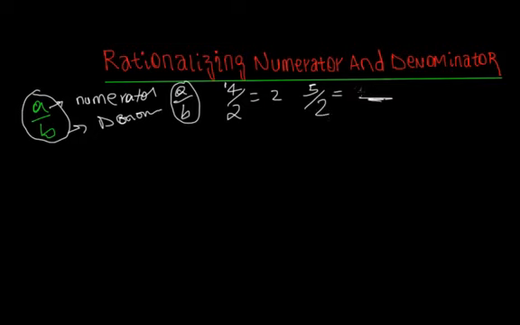But in some cases, that's not the case, because you would end up with something that has the denominator having a radical, or a square root format. In that case, you would apply this method, rationalizing the numerator and denominator. I'm going to show you how to do that.